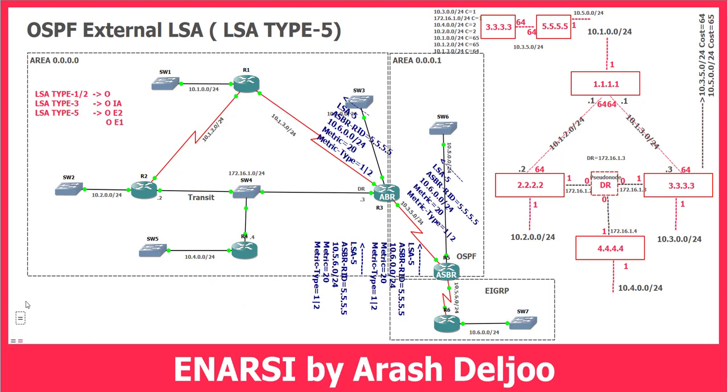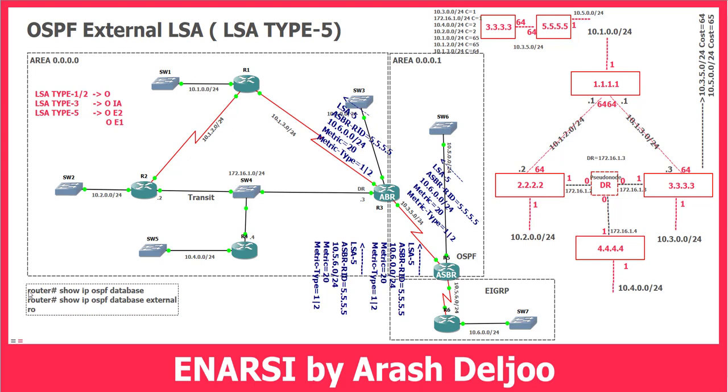It is so easy. Look at here. With show IP OSPF database, we can monitor all of the database, all of the LSAs. If you use show IP OSPF database external, I want to see all of the LSA type 5s.